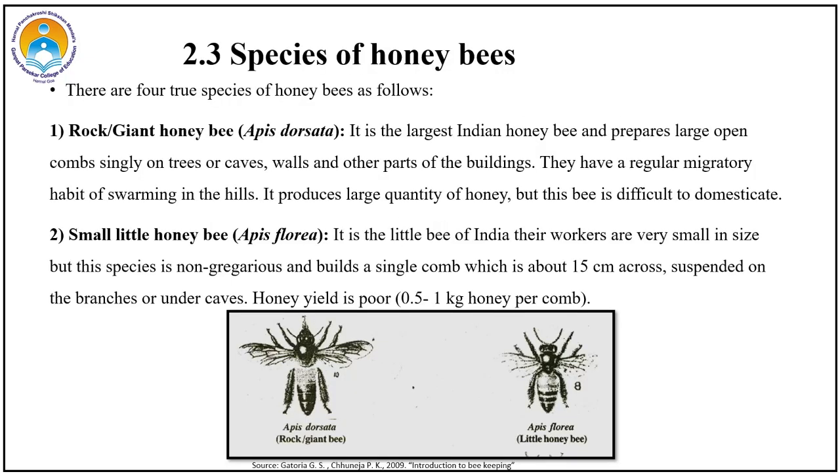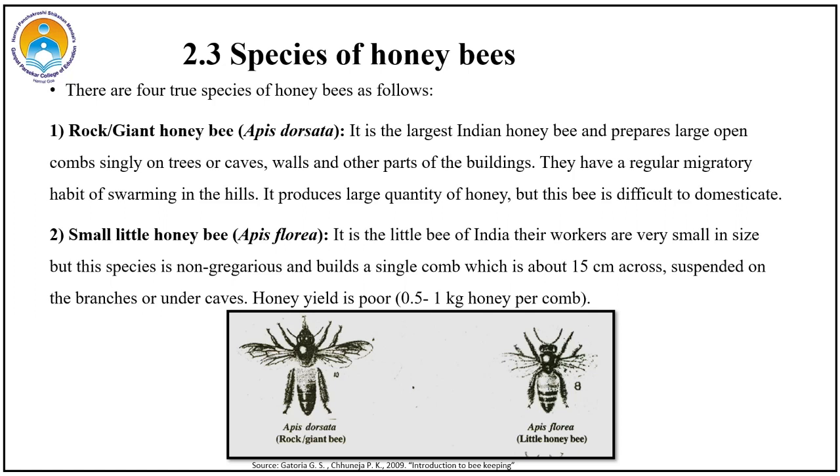Now let's talk about the species of honeybees. The honey which is produced and we consume comes from many species of the bees having varied productivity levels. There are 4 true species of honeybees. Let's talk about the first one, that is rock or giant honeybee.